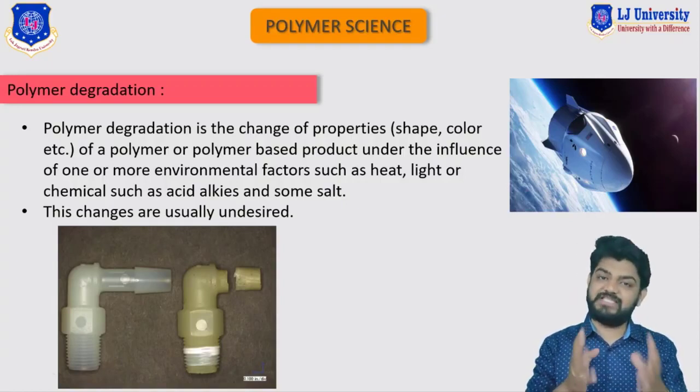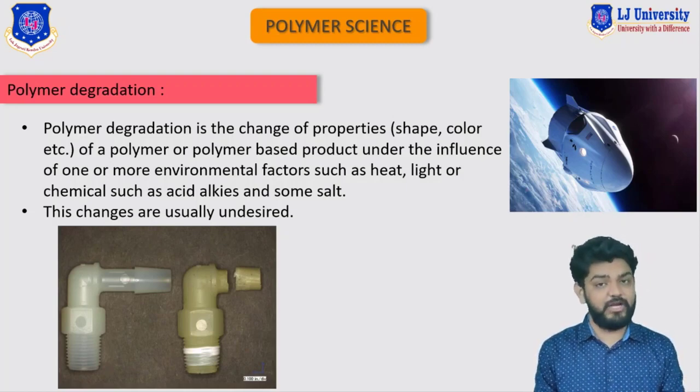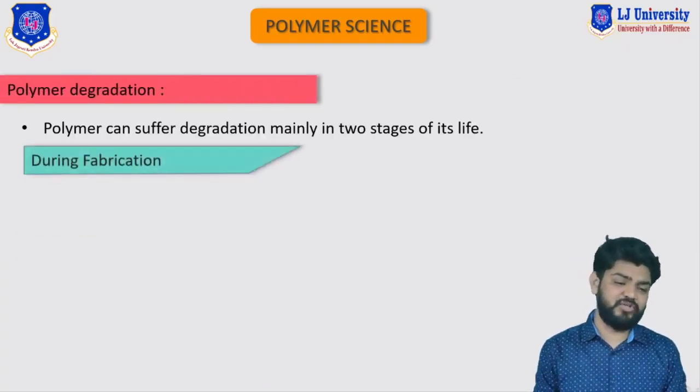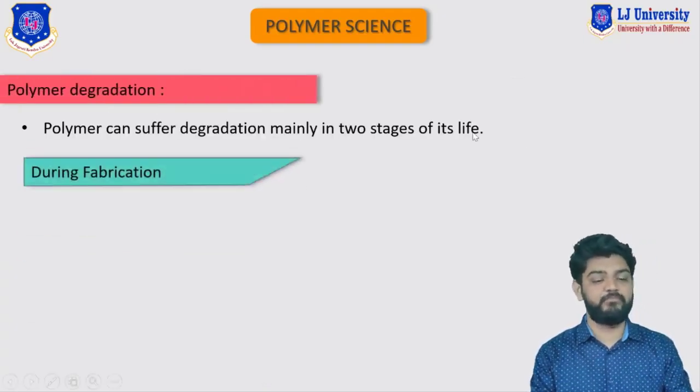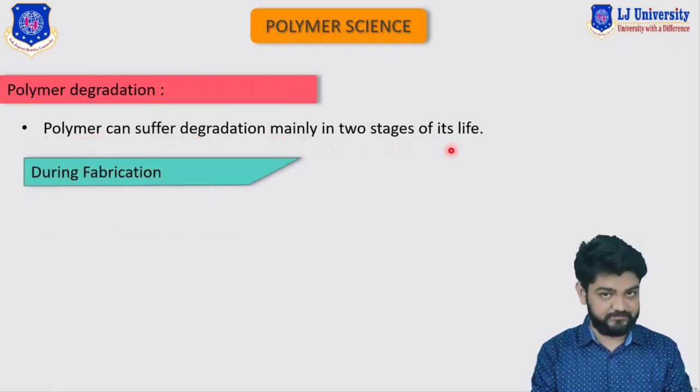Now, having said that, let's understand at what stage of the life of the polymer it faces degradation. As you can see here on the screen, polymer can suffer degradation mainly in two stages.